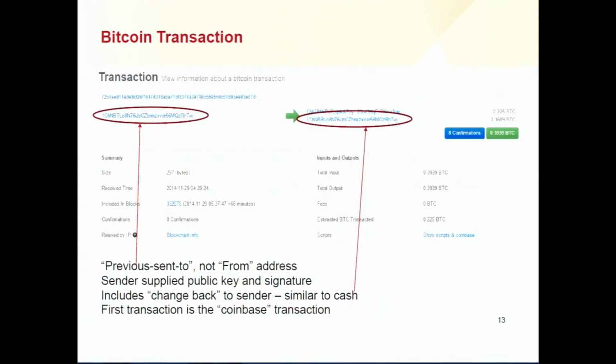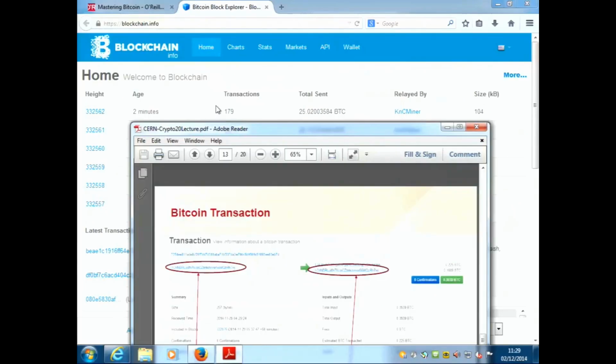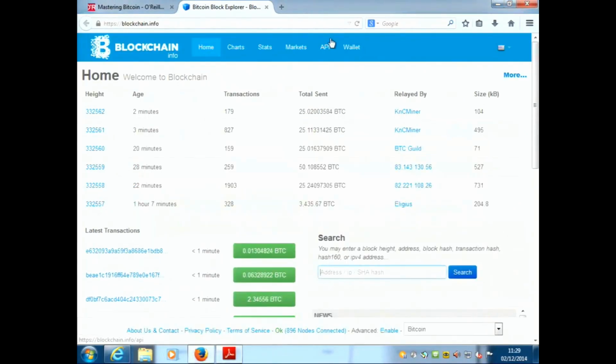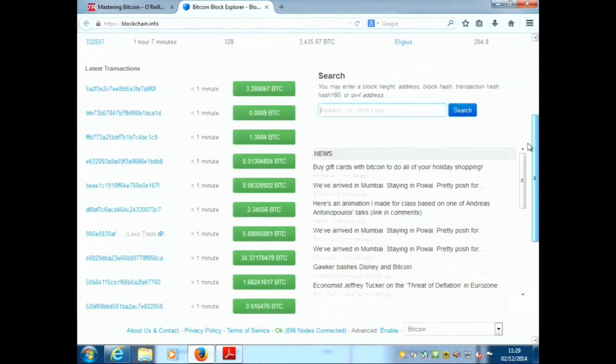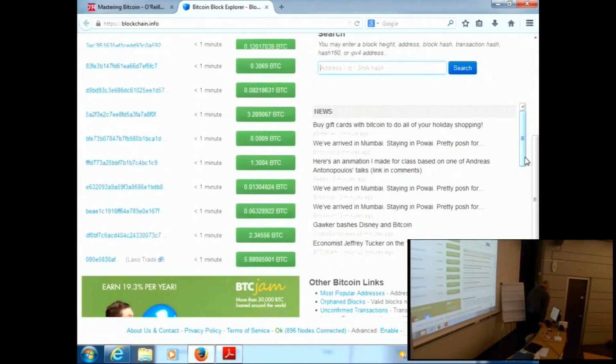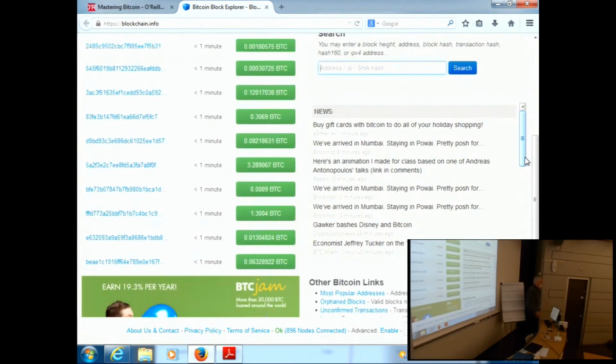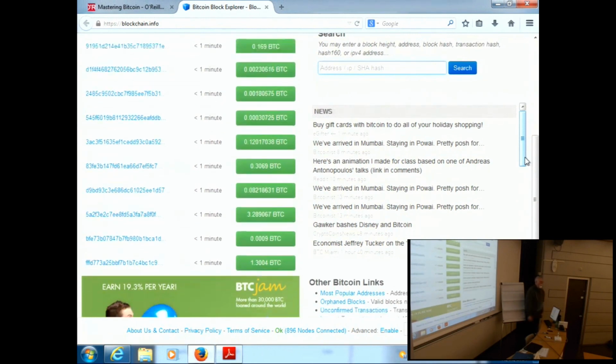Okay, so let's take a look. This is an amazing little website here. It's called blockchain.info. And this is a real-time display of Bitcoin transactions that are going on right now.